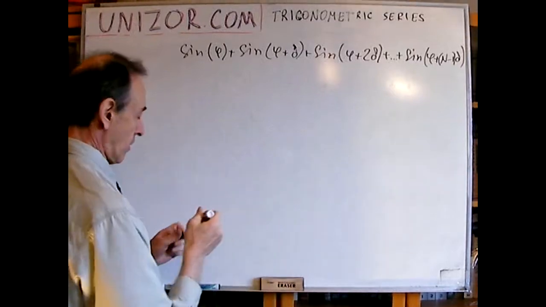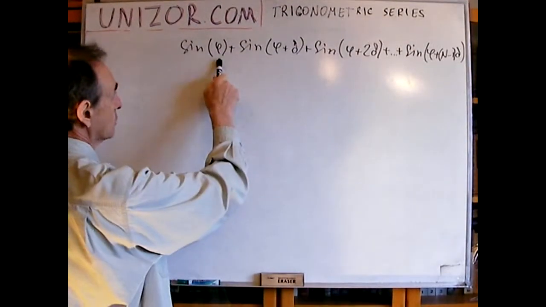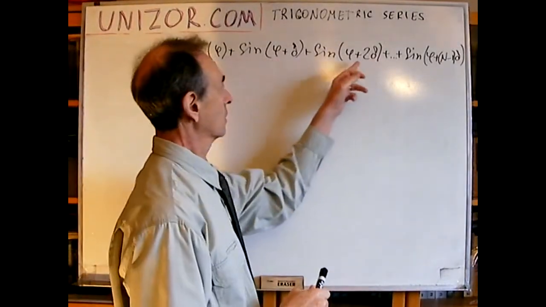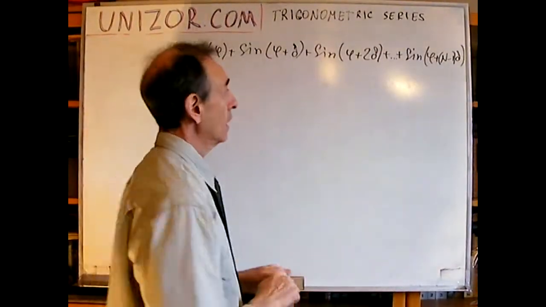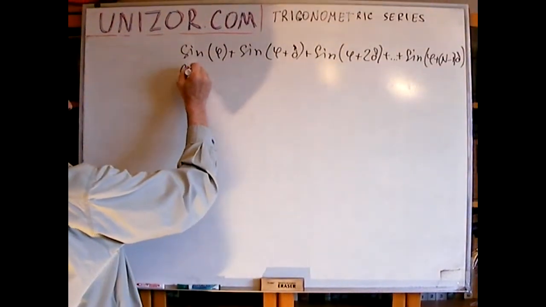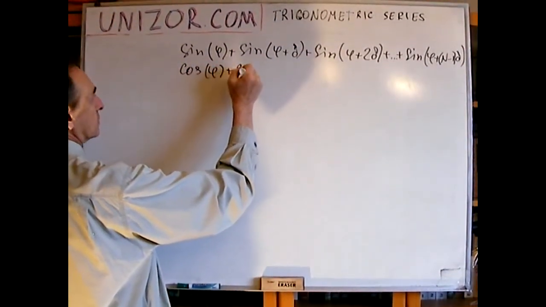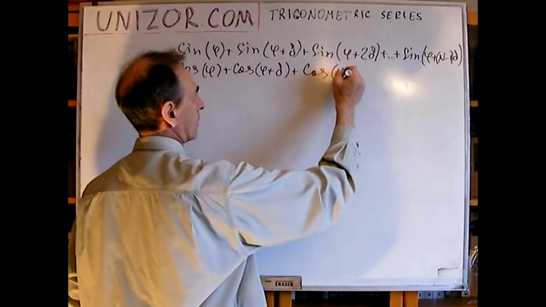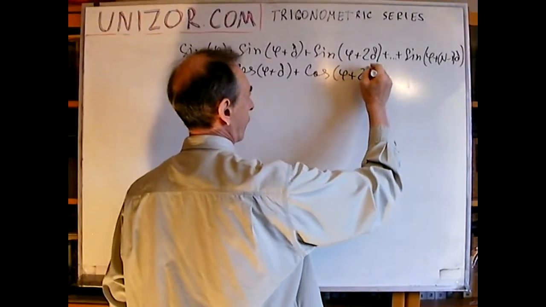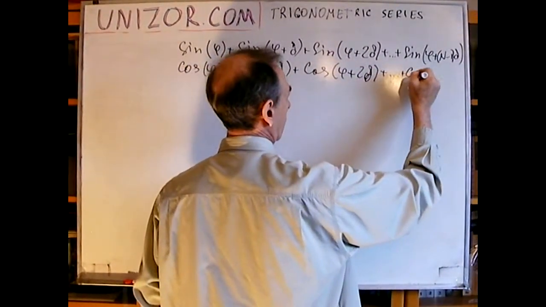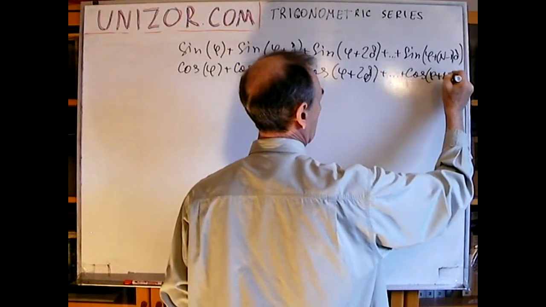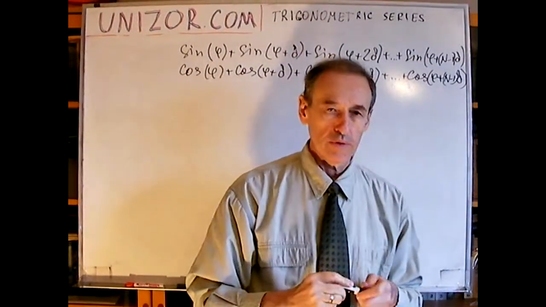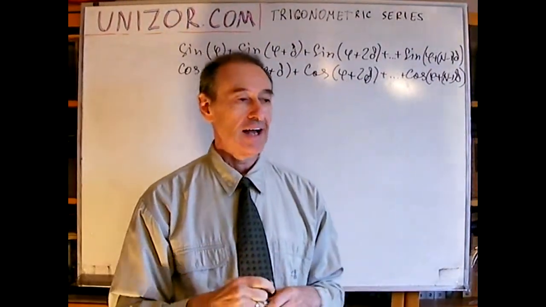So I have n members from no delta to n minus 1 delta added to the original angle phi. Now, absolutely similar can be a cosine. Okay, so it's two problems, but actually it's one problem. I'll combine them together.